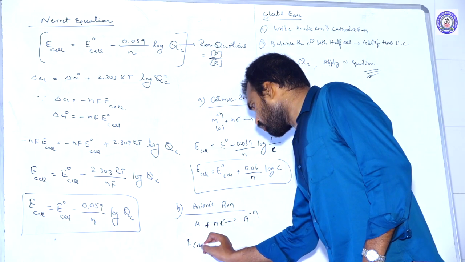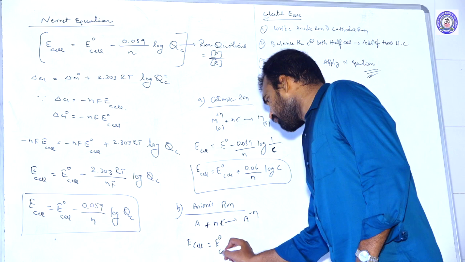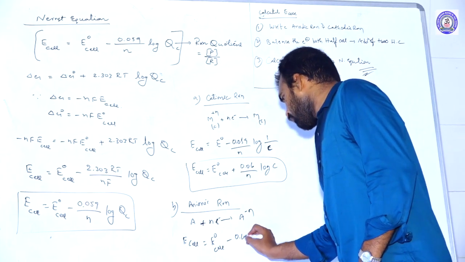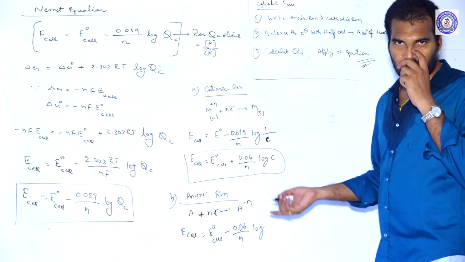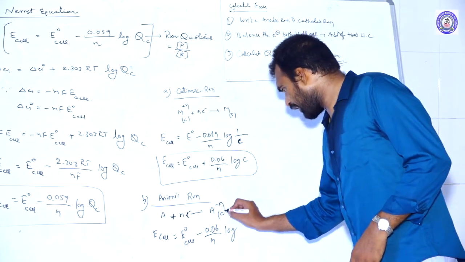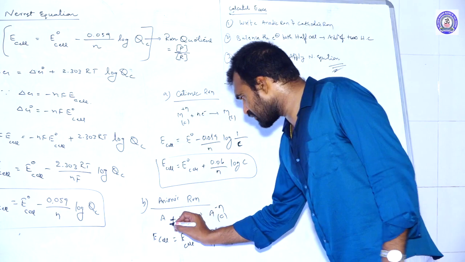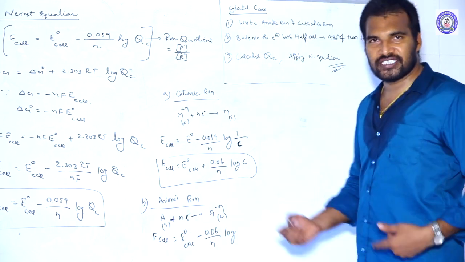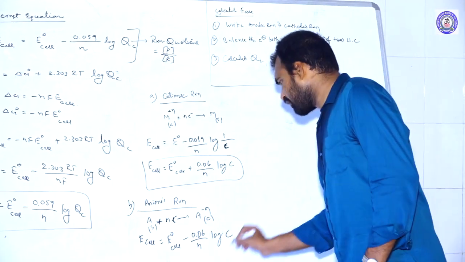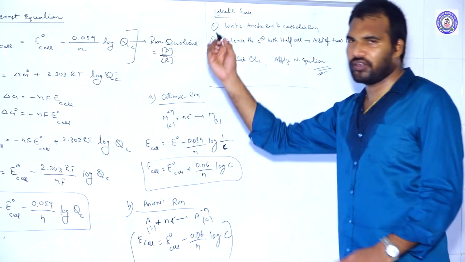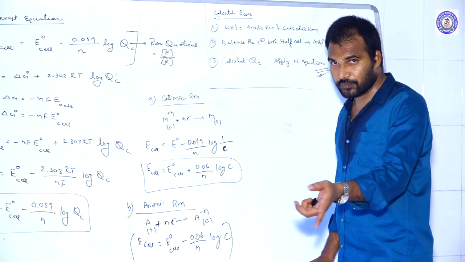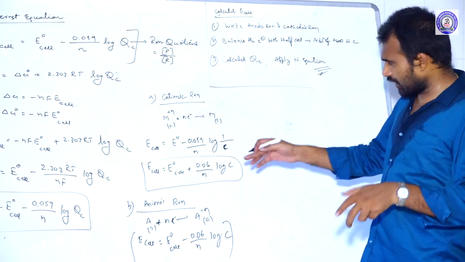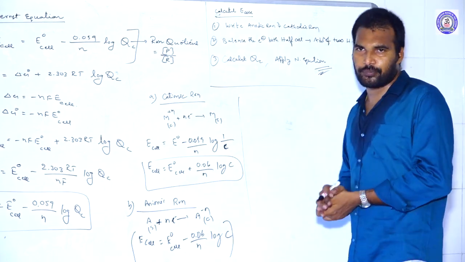E cell is equal to E naught of cell minus 0.06 by N log. Now tell me, the product is anions with concentration C, and the reactant is solid. So C by 1, so log C will come. This is the formula for the anionic reaction. See, here plus will come, there minus will come. People generally feel confused here. That is why I am mentioning that point.